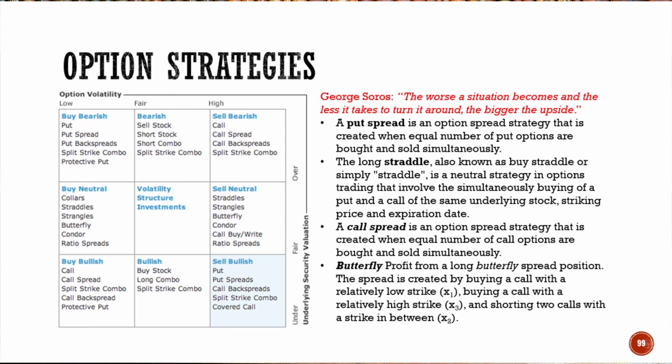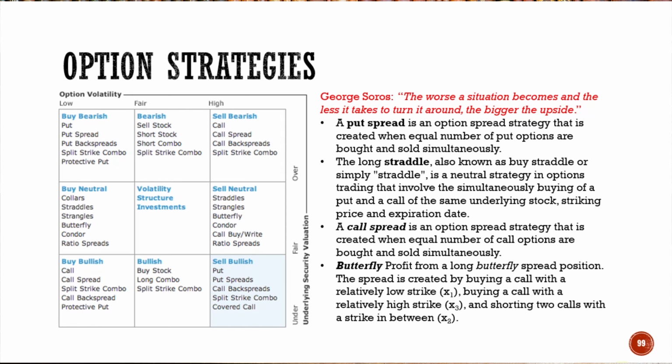The long straddle, for example, also known as a buy straddle or simply a straddle, is a neutral strategy in the options trading market that involves the simultaneous buying of a put and a call at the same underlying stock, striking price, and expiration date. A call spread is an option spread strategy that is created when an equal number of call options are bought and sold simultaneously.